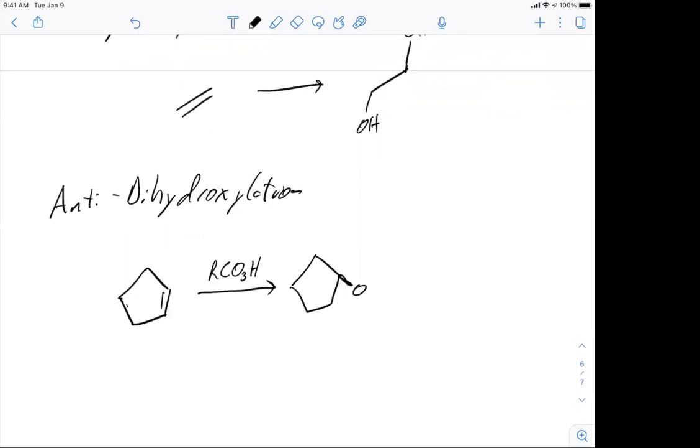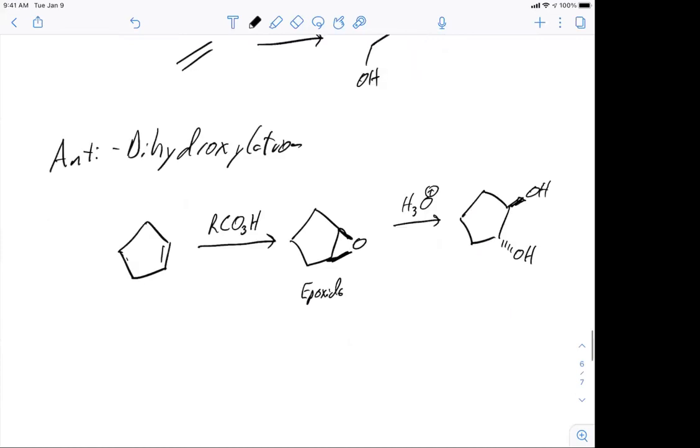An epoxide is a three-membered ring with an oxygen. And then we're going to ring open that with, for this chapter, acid and water to give us the dihydroxylation.